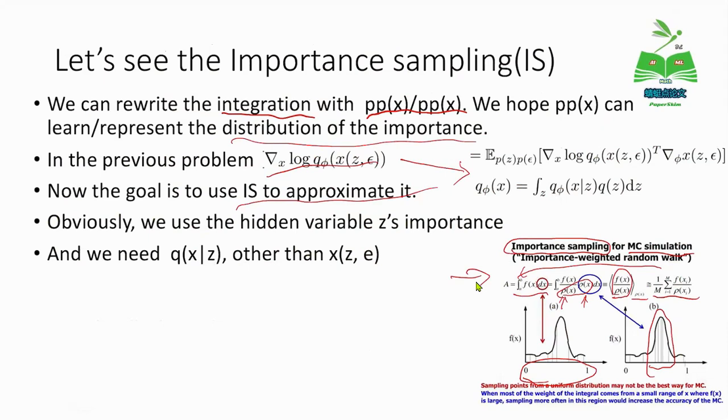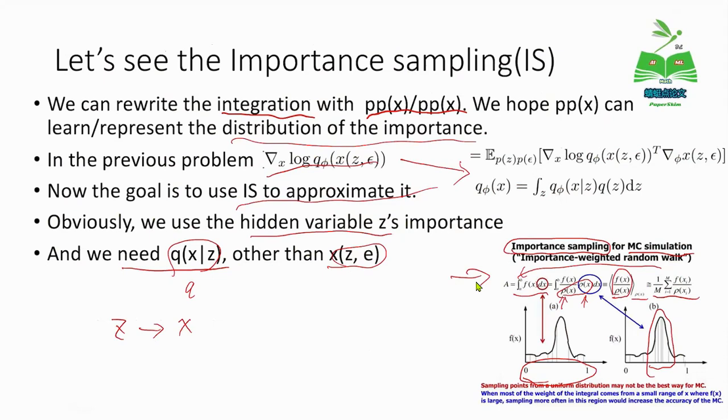Of course, we need to use the hidden variable z, so we take the importance from z. And because once we get a z we need to generate x, we also need the distribution q(x given z), other than the x function.